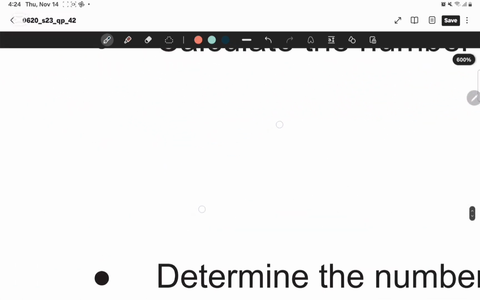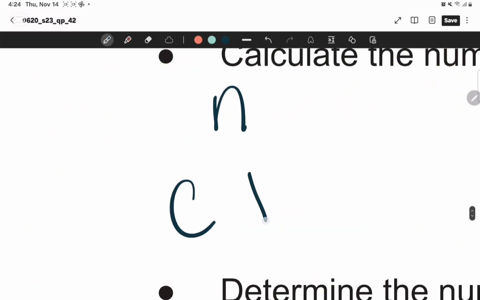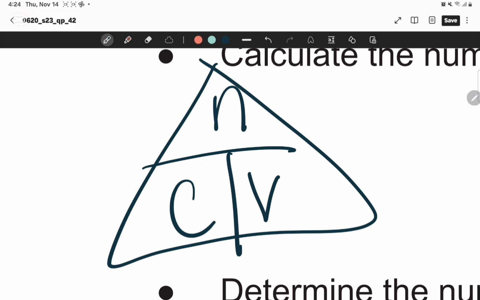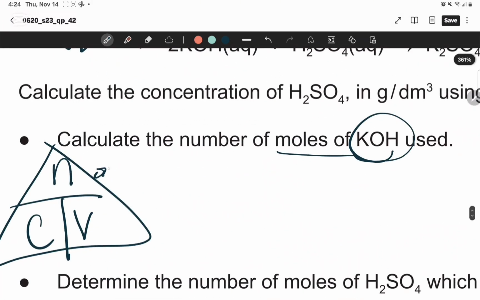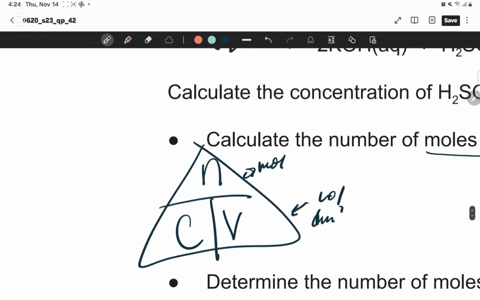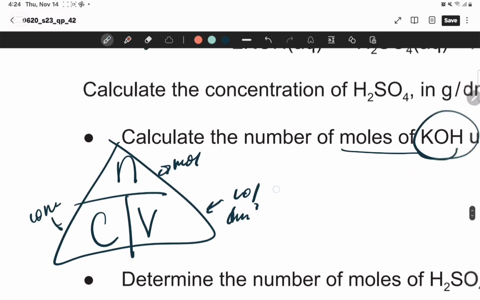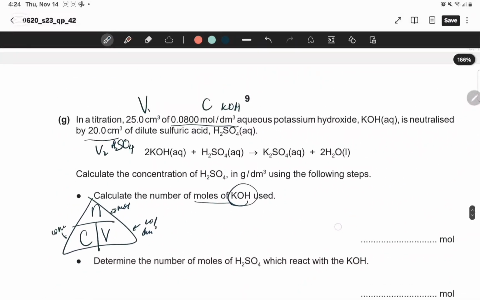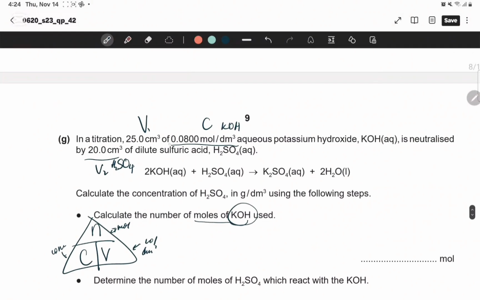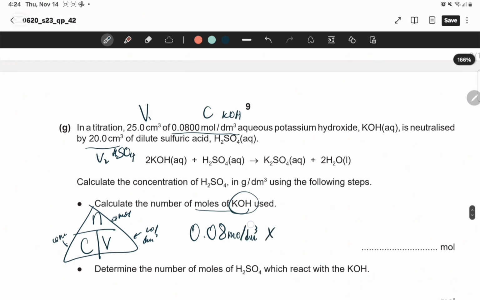We're going to use the pyramid NCV. N is the moles, V is the volume in decimeters cubed, and C is the concentration. Here we need to find the moles of KOH, so 0.08 moles per decimeter cubed times 25 centimeters cubed.